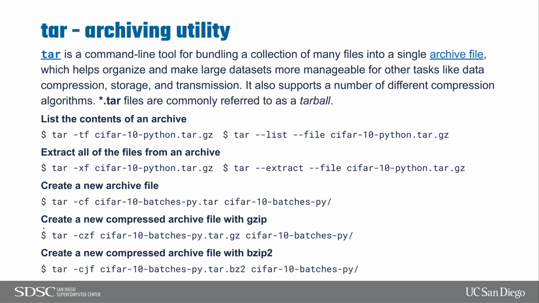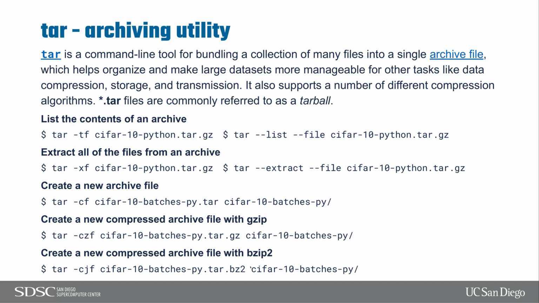These combinations of flags applied to tar will not only create a tarball of the collection of files that you want to put together, they will also allow you to compress it with the standard tools that you'll see. Here I included at the end the bzip2 option, so it goes from Z to J, mostly because this is probably the second most common compression format you'll see.